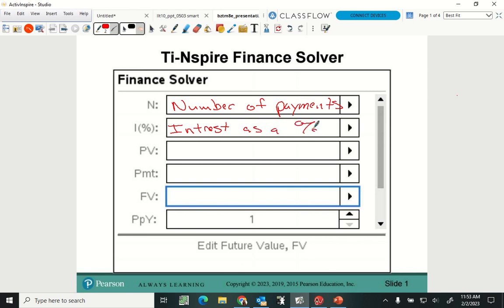But don't put the percent symbol, because if you notice right here, it's already labeled for you as a percent. So don't change it to a decimal, because that's what we've been doing so far. PV is present value, like principal.